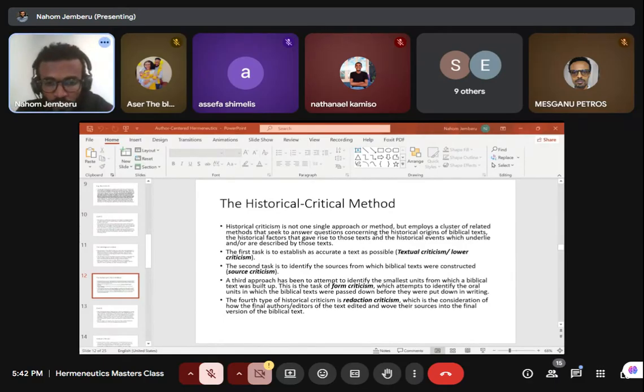For example, let me show you what I'm talking about. Biblical manuscripts.